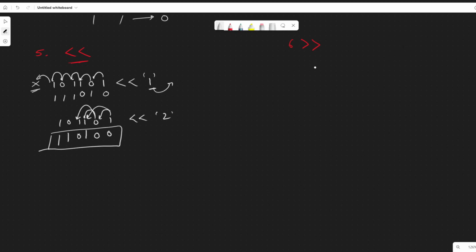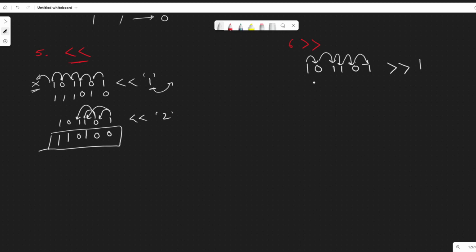So in right shift, basically we have to shift the bits to the right. Taking the same example, right shift by 1. Now we have to move this bit one step forward, then this bit one step forward, this bit comes here, this bit comes here, this bit comes here.